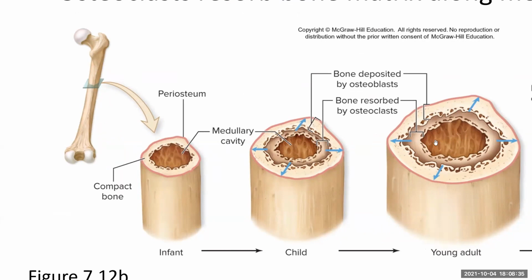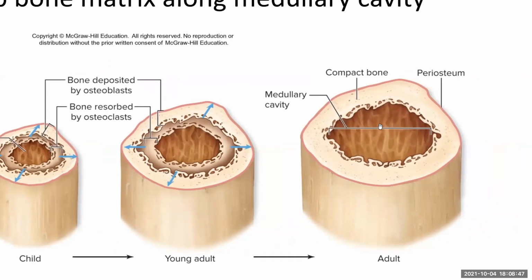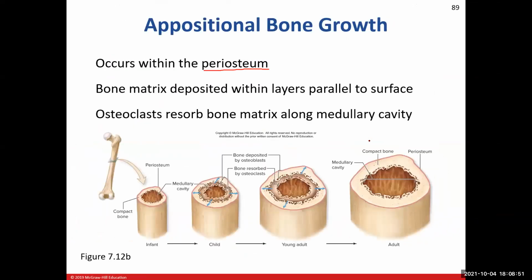The internal portion of the medullary cavity is going to get bigger and bigger as the outer portion of your compact bone keeps growing outwards. That's what we're going to see during appositional growth. This growth widens and thickens the bone itself, much like a tree.